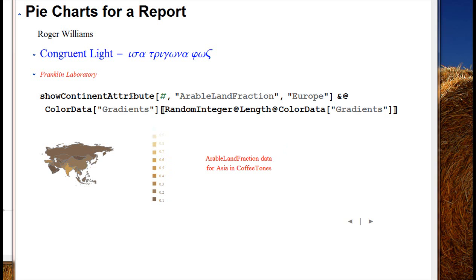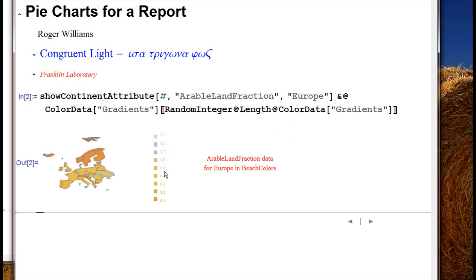Now, I've changed the code here a little bit that invokes this, and I changed it to Europe. So let's run this. And ideally, it will show Europe, arable land, in a different set of colors, in beach colors.